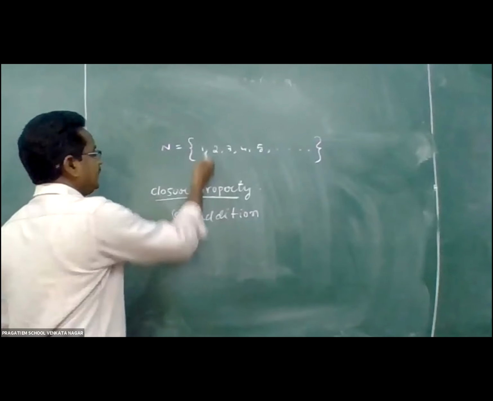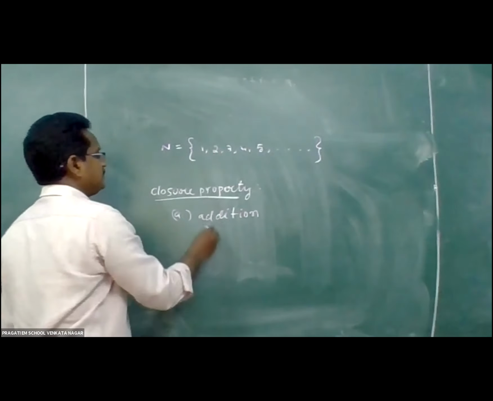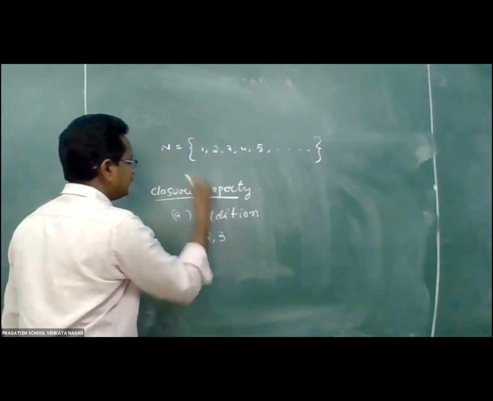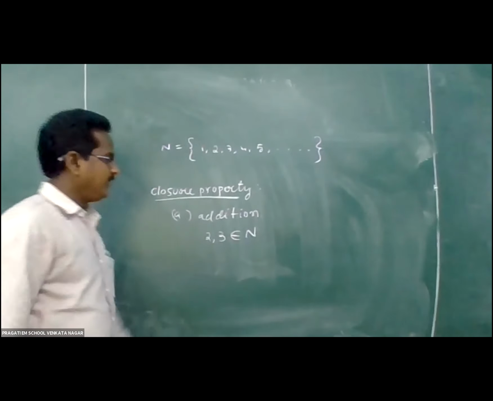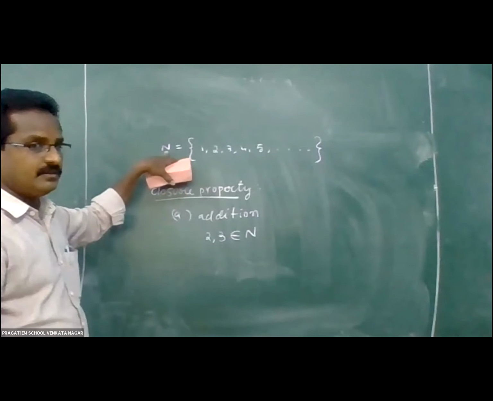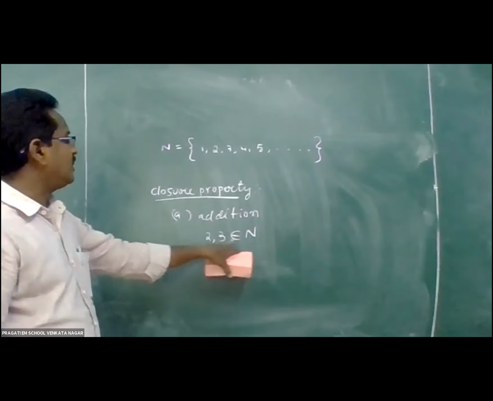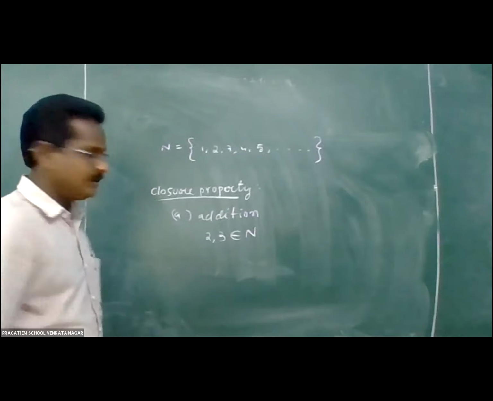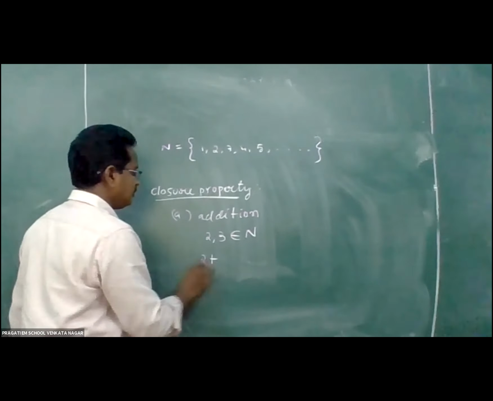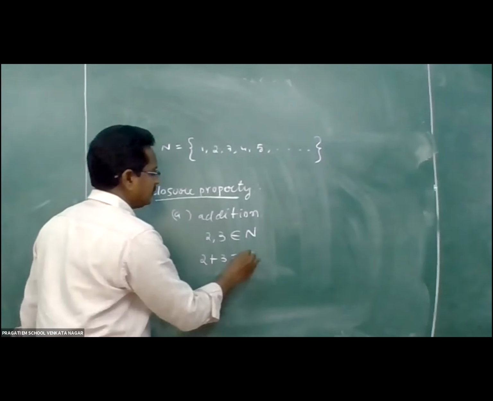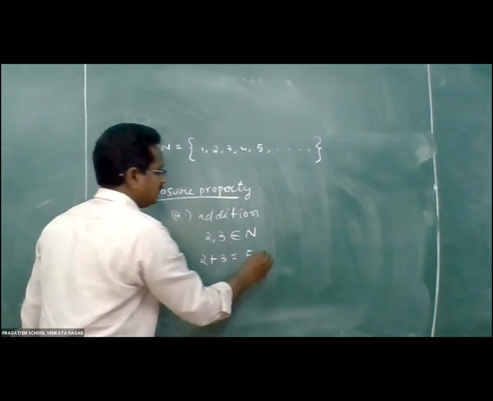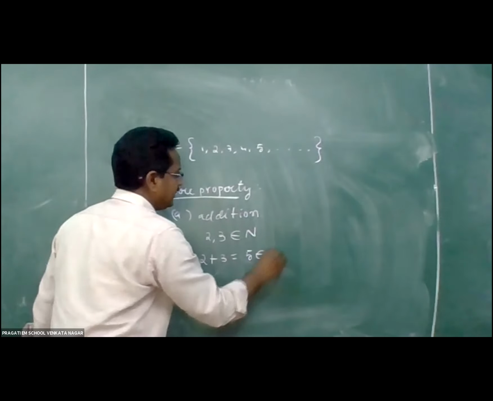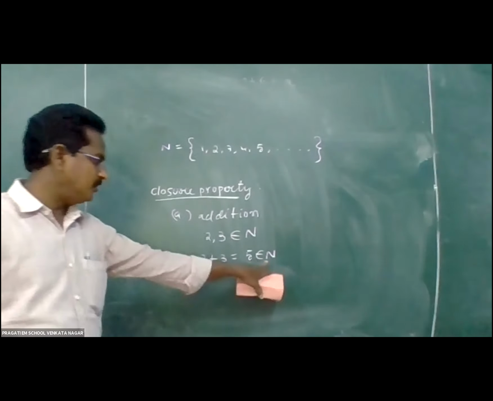We can take any two natural numbers, 2 and 3. 2, 3 belongs to N, meaning we are taking from the set N. That's why you can write like this: 2, 3 belongs to N. After adding these two numbers, 2 plus 3 is equal to 5. The result is also a natural number. So we can write 5 belongs to N.